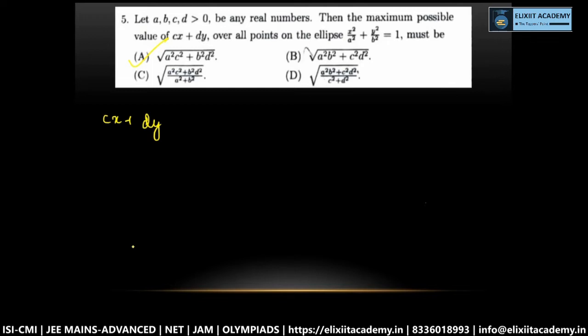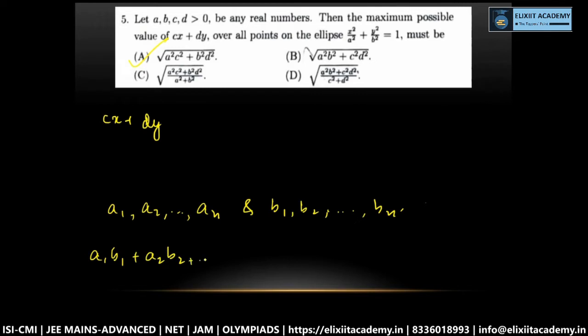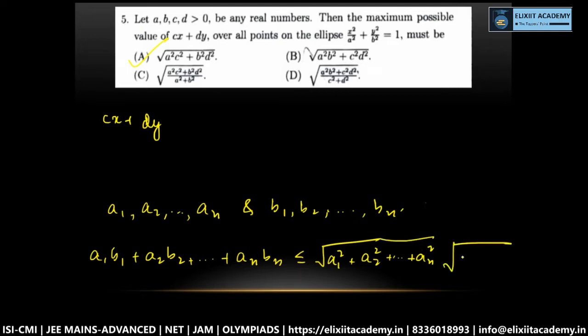In case you don't know it, the Cauchy-Schwarz inequality states that for any a1, a2, up to an, and b1, b2, up to bn, a1 b1 plus a2 b2 and so on up to an bn is less than or equal to the square root of a1 square plus a2 square, and so on up to an square, multiplied by b1 square plus b2 square, and so on up to bn square.